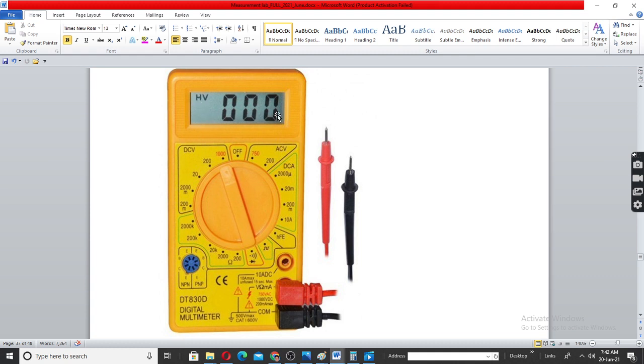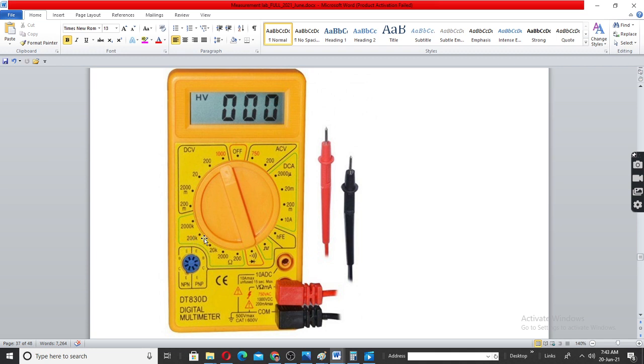In any range, while measuring, if a single digit 1 is displayed at the leftmost position, it means out of range. Suppose you keep the range selector at 200K and a digit 1 is displayed here, that means the resistance between these two terminals is more than 200K.